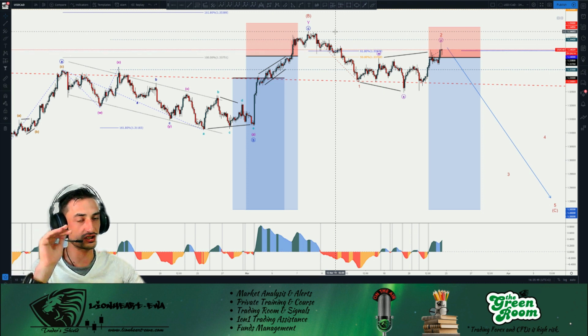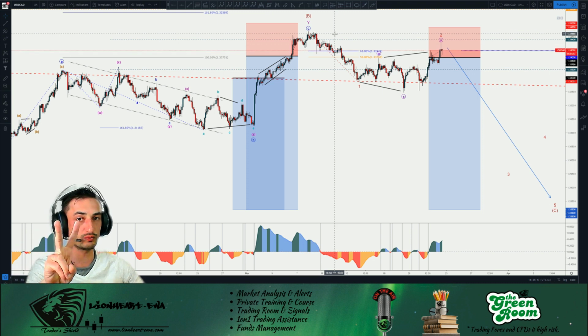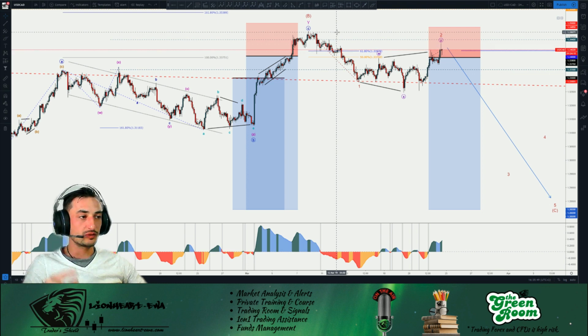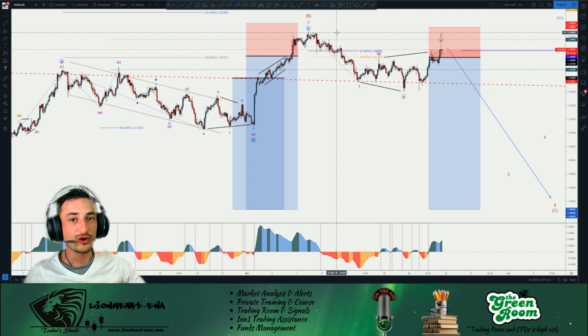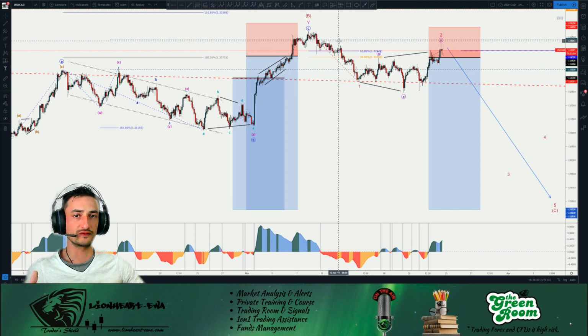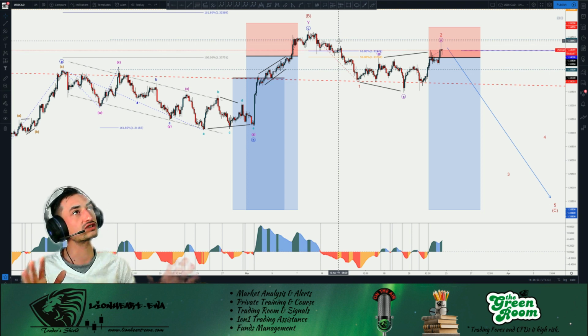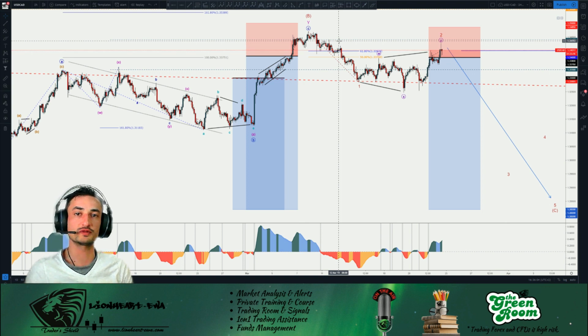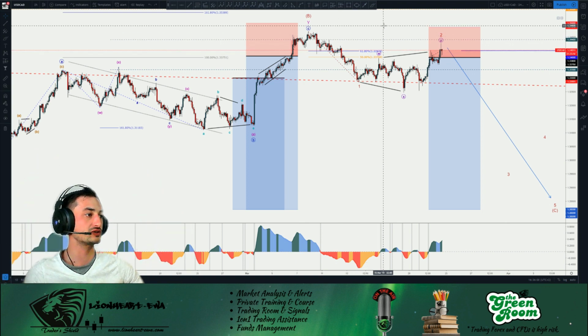So watch out. It is currently in a wave 2 possibly, the WTI I mean, and according to how sharp it goes, I will be able to tell if this is the start of something very big for the downside, or just a healthy retracement for the wave 3 on the upside. All right, so stick with me here. I'm going to be able to tell you.